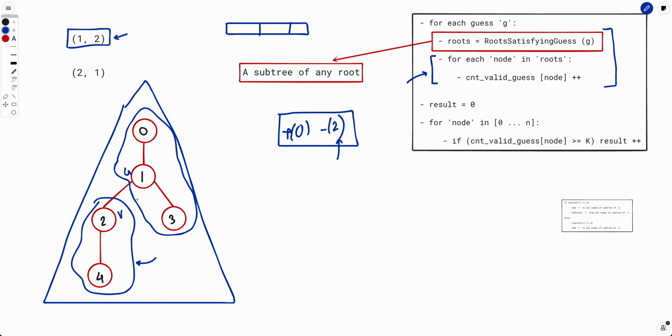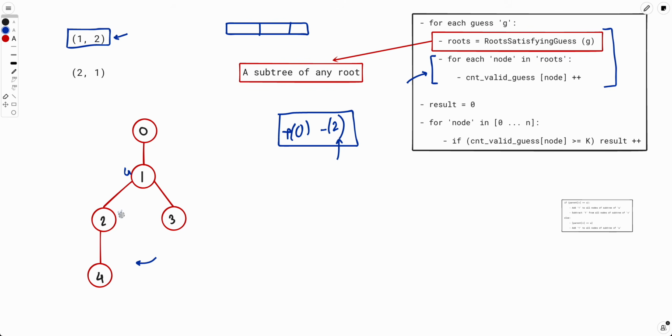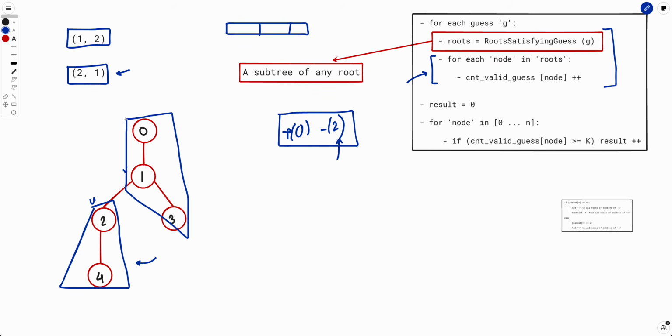But if let's say the operation is reversed, or it is 2 comma 1, right? So if it is 2 comma 1, this is u and this is v, and we want to add something to the subtree of u. This would be the subtree of u in the picture where u and v are on the same level, and this would be the subtree of v in that picture.